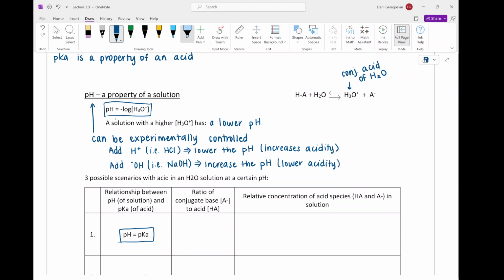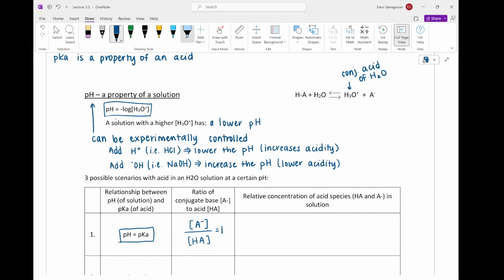In this scenario, the conjugate base of the acid, HA, conjugate base is A-, and the concentration of that acid, the ratio of these will be equal to 1. So if pH is equal to pKa, you'll have equal amounts of conjugate base and the acid. And again, we're talking about the acid that's added to a water solution.